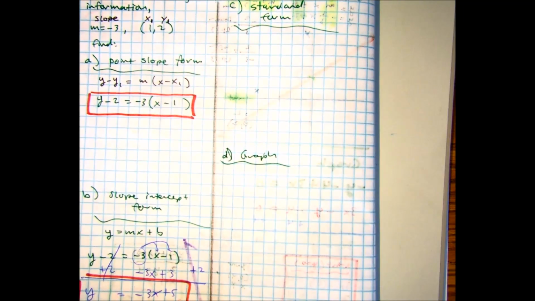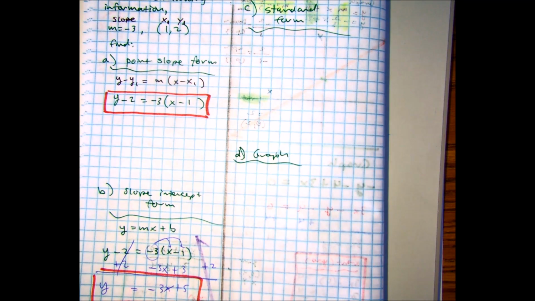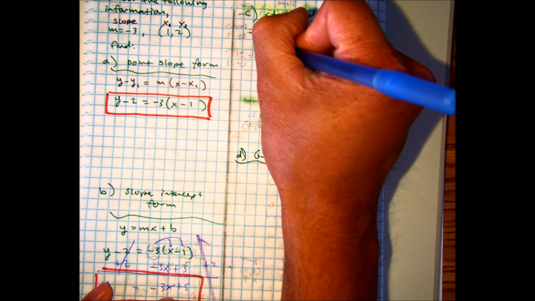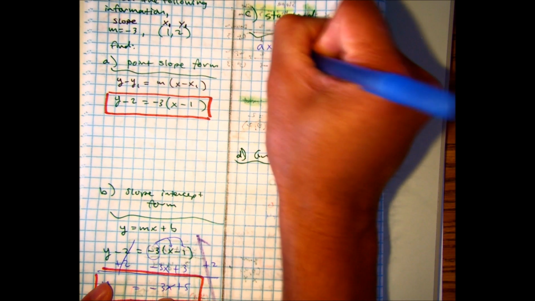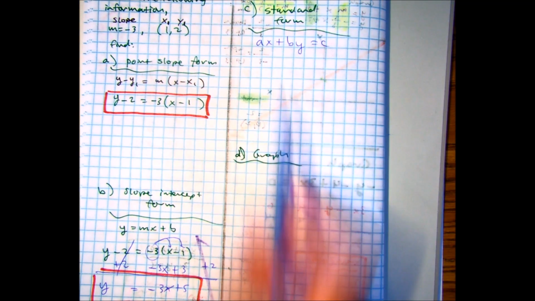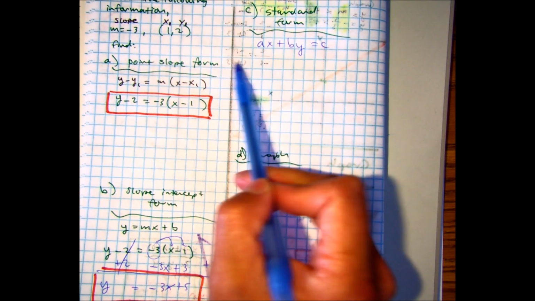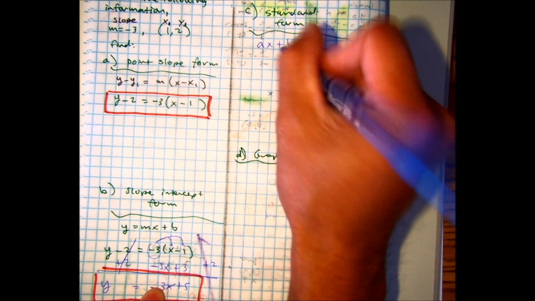Let's get this now into standard form. Partner A, tell partner B, what is the formula for standard form? Gabriel. Here is our formula. Notice how the x's and the y's are on one side. Let's get that problem down here to get the x's and y's on one side.